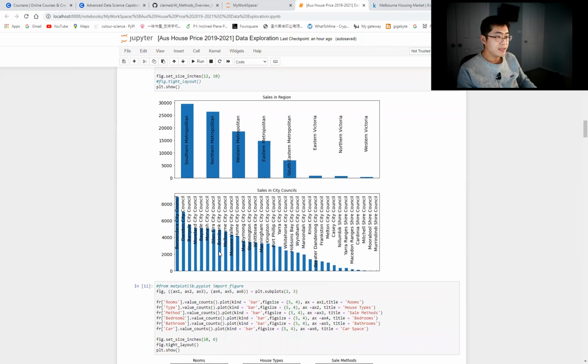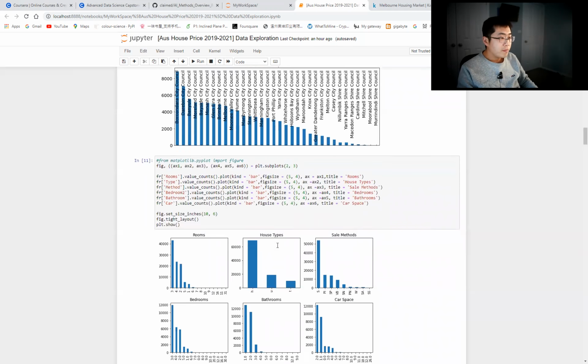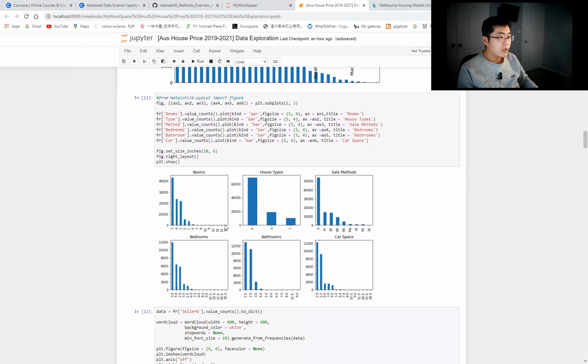Here, the sales by city councils, we can see a lot of sales happening in these city councils, but much fewer in the shire council areas, which are rural. More information from the data set. We have rooms, which have the same number as the bedrooms.